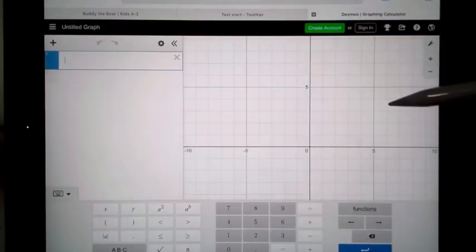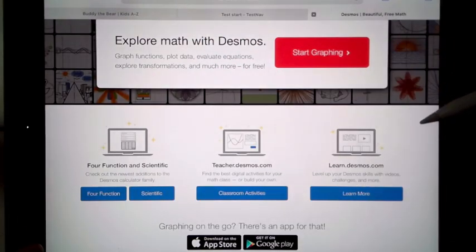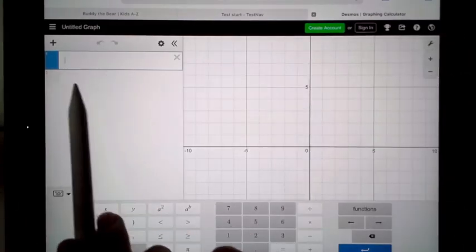So Desmos looks like this. When you open it, it looks like this, and you start graphing, then you can type the graph.